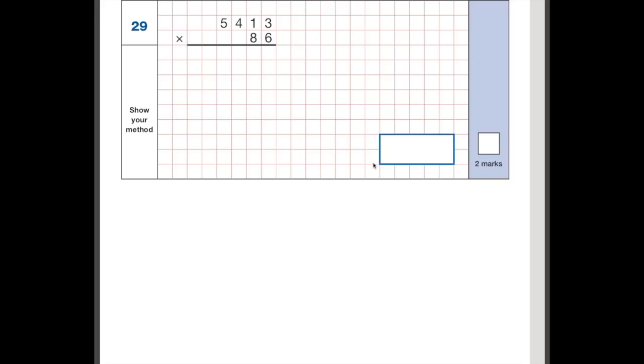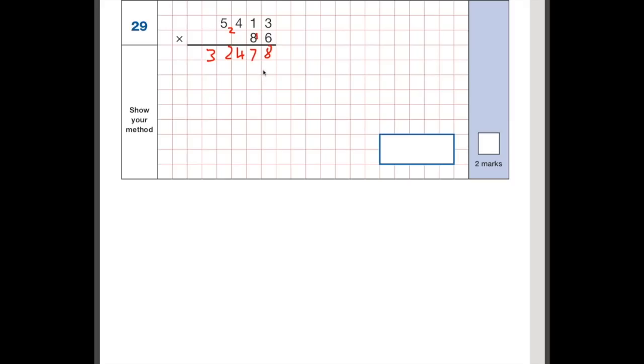Number 29 is checking your knowledge of long multiplication again. So we start with the units. 3 times 6 is 18, so we put the 8, carry the 1. 6 times 1 is 6, add the 1 is 7. 6 times 4 is 24, we put the 4 and carry the 2. 6 times 5 is 30, add the 2 is 32.